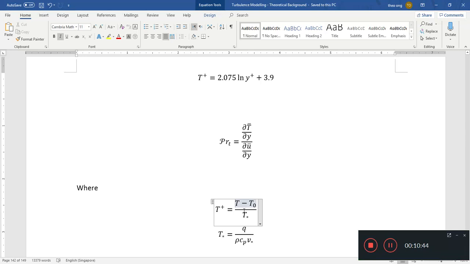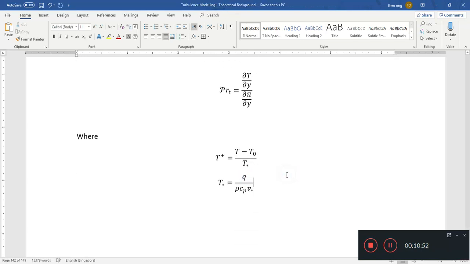T star is what they call the friction temperature. What is the friction temperature here? It is the heat flux over rho Cp times the friction velocity.